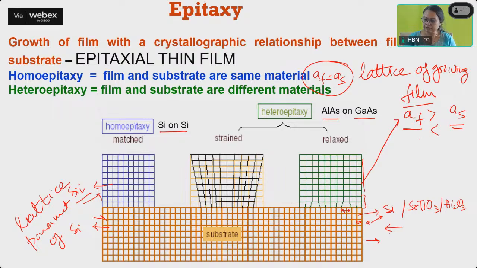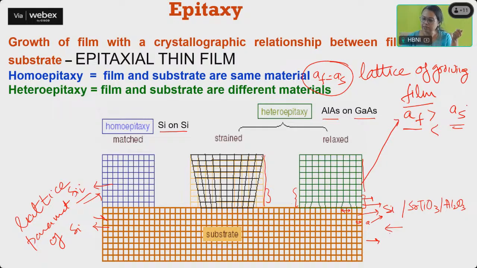Or if it is less, initially there will be fewer numbers and later on it will follow its own growth. So the initial few layers will be strained or relaxed and then it will take up its own crystalline lattice. When you grow a thicker film, say 10 monolayers or 50 monolayers instead of one, the grown film will be a single crystal with its own lattice.